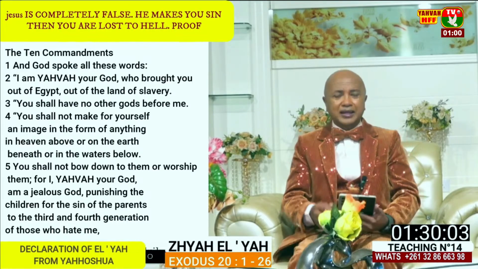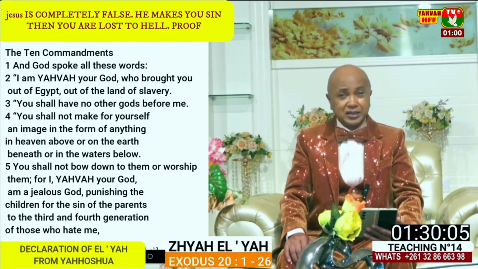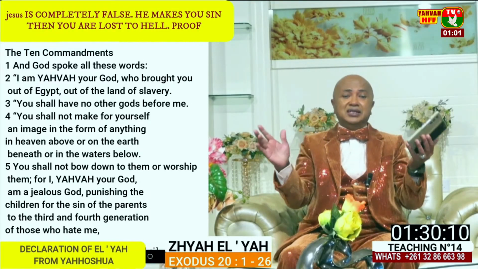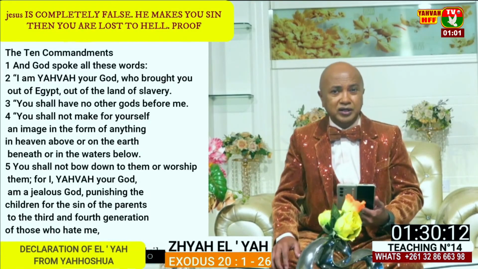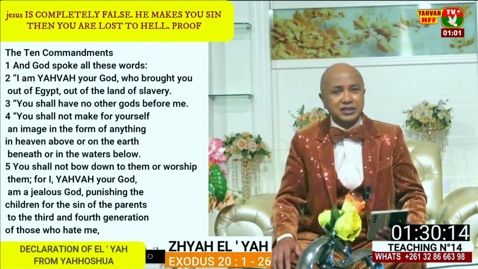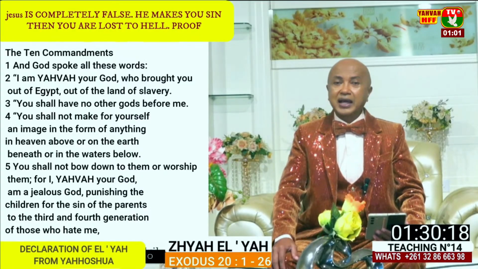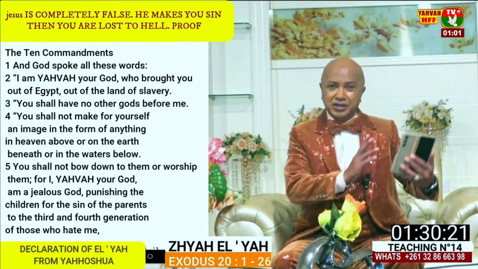Okay, let's carry on the story, because if you don't understand the story, you're not going to know this. When I say the Ten Commandments is destroyed, you humans were complaining, why did you destroy the Ten Commandments? But that's why you were human. You don't know anything.